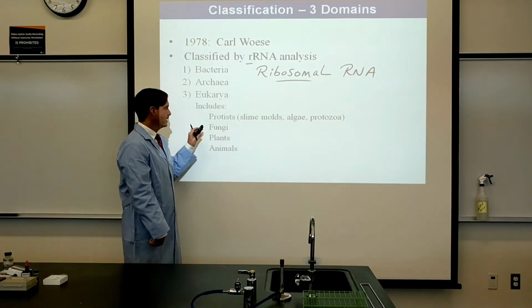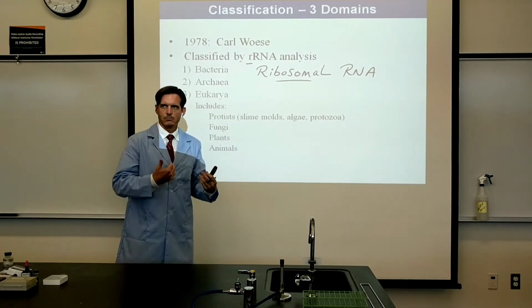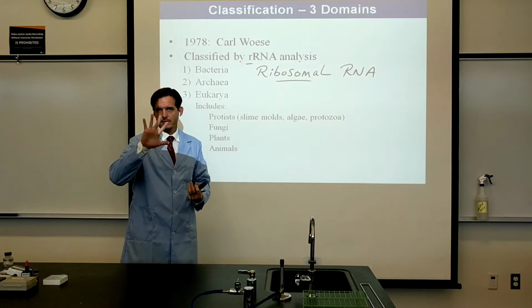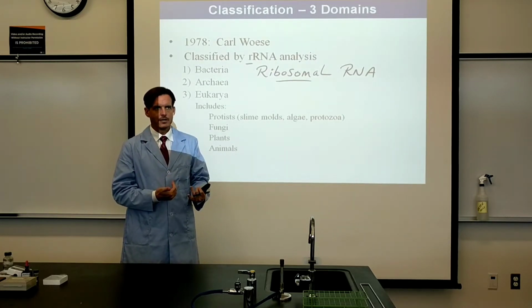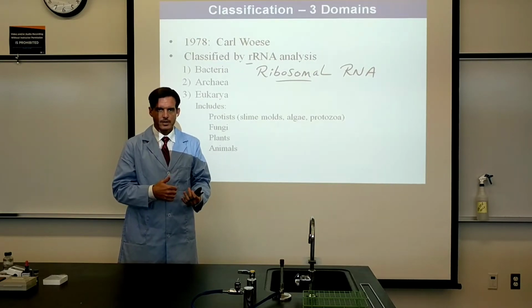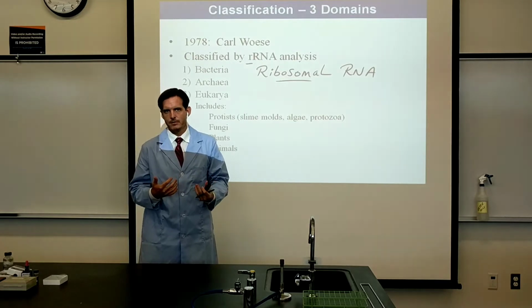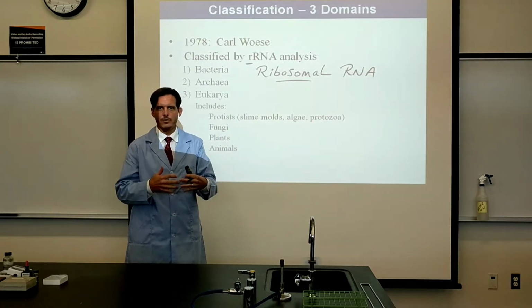And so when we compare the 3-domain system to the old-fashioned 5-kingdom system, if you've heard of the 5 kingdoms, about 10 years earlier, in 1969, there was Robert Whittaker, who came up with Whittaker's 5-kingdom system. And so both the 5-kingdom system and the 3-domain system can coexist.